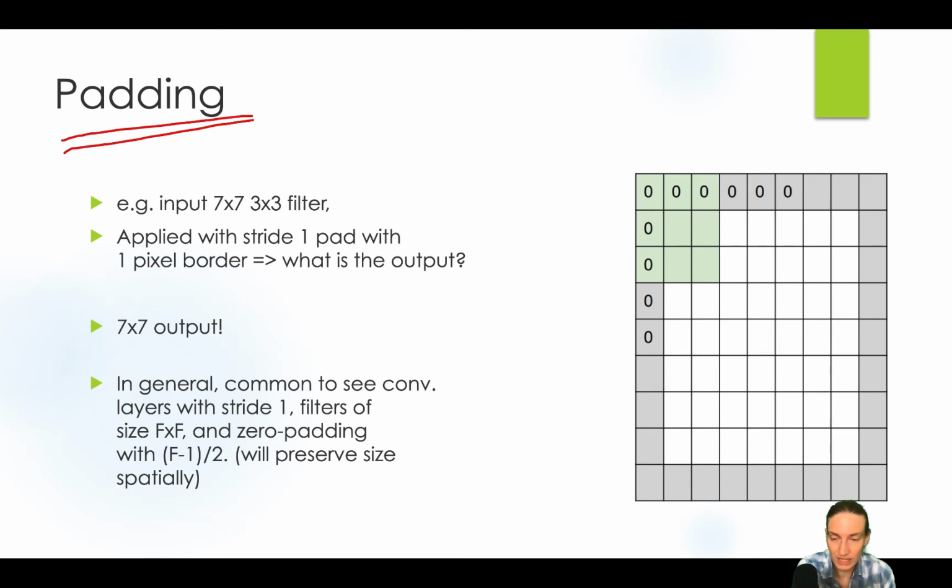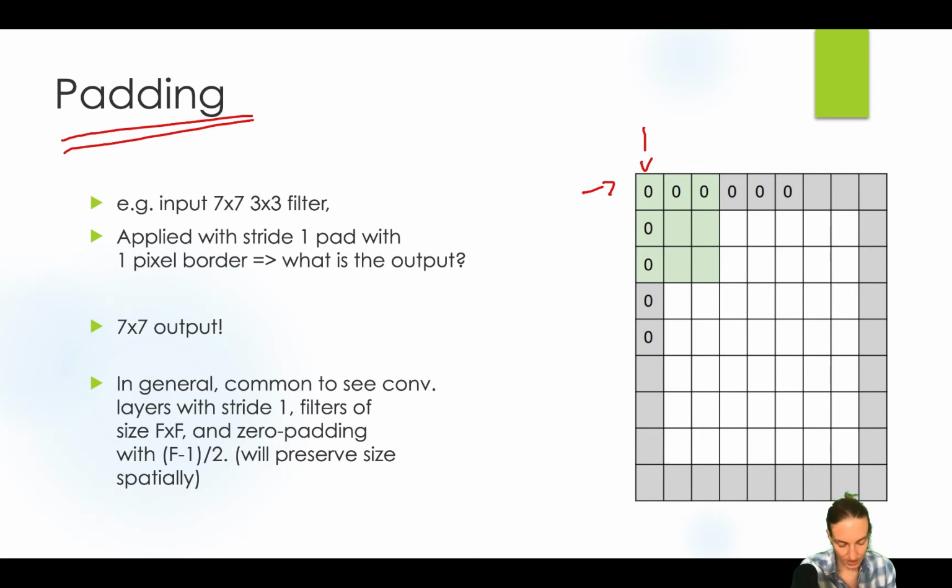Okay. In fact, padding is often used so you don't diminish the dimension of your image. If we use a padding of 1, that means we add a row and column of zeros around our original input image.